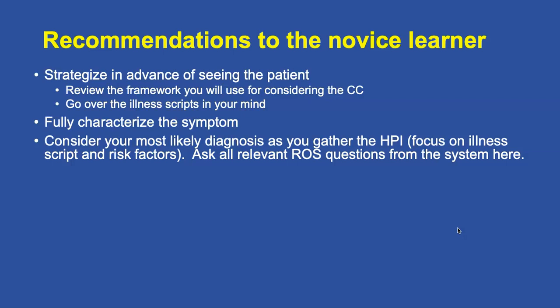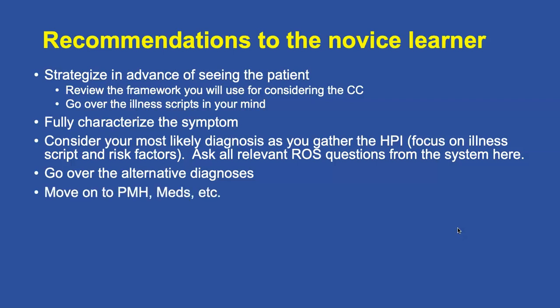So in this case, we're going to be going over all the GI questions in the review of systems in the HPI so that we can fully characterize the problem. I then think about the alternative diagnoses and start questioning the patient with those alternative diagnoses in mind. That's when the HPI ends.